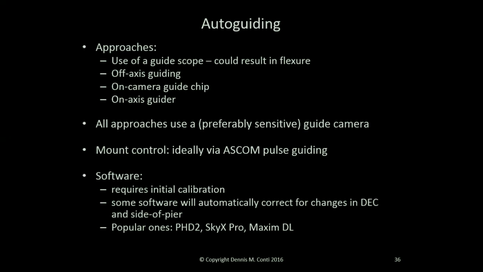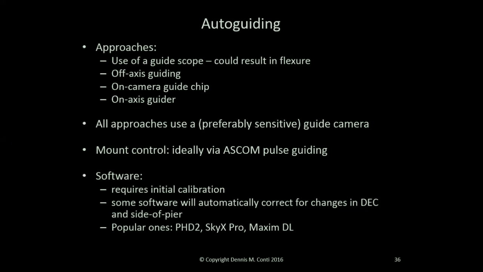Ideally, the guiding to the mount itself, if not to an active optics unit, should be done with an ASCOM pulse guiding approach. And there are several advantages to doing pulse guiding via the standard ASCOM communication protocol, and that would be the preferred approach for mount control.